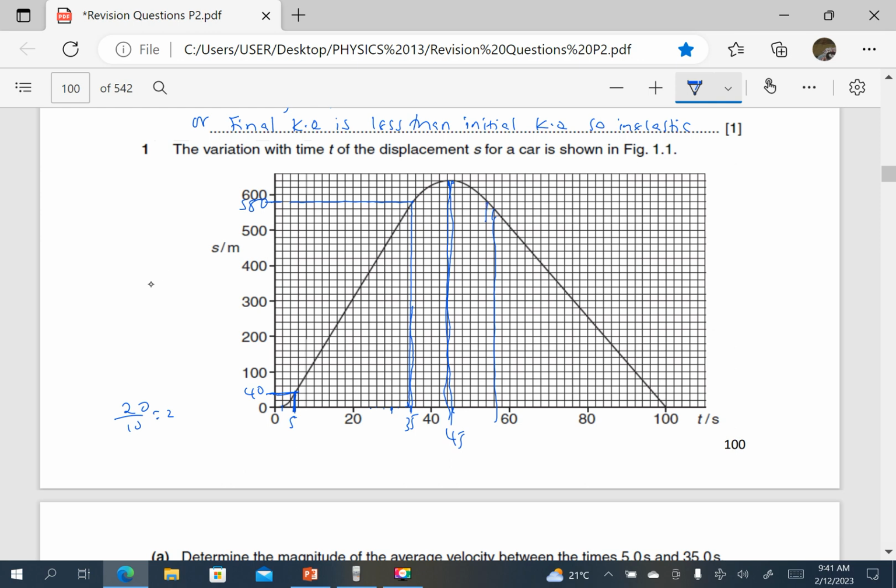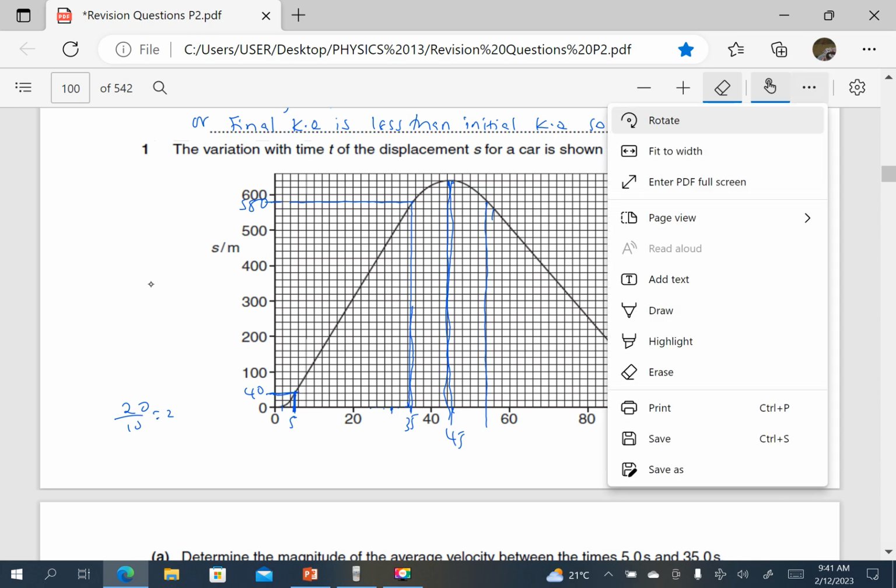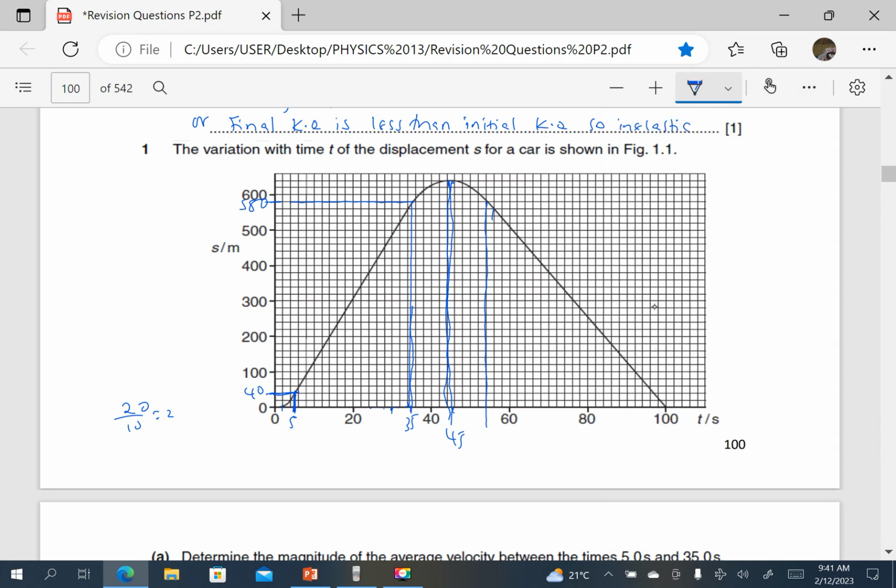Remember each small square on the x-axis is 2. So this is 1, 2, 3, 60 minus 6, that is 54. At 54 or 53, the line starts being straight, so that means it becomes constant up to 100.